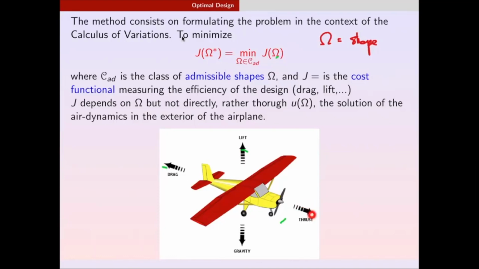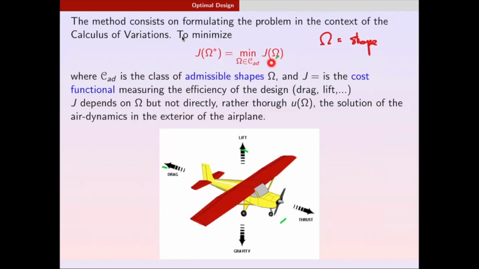Because it will have to take into account the different ingredients, the different key parameters, the different motions, the effects that are interlaced when defining the motion of a car or an airplane. In particular, I will have to take into account the drag, the thrust, and the lift. Okay, so this will be a multi-criterion optimization problem.